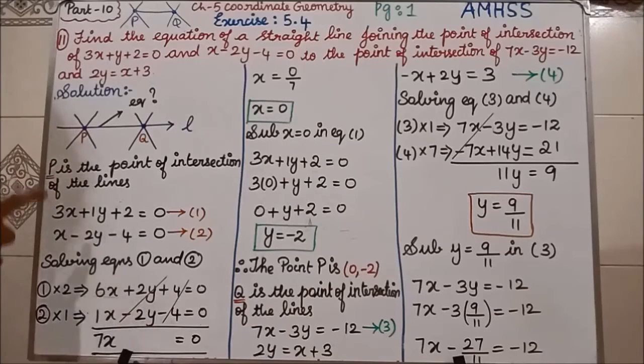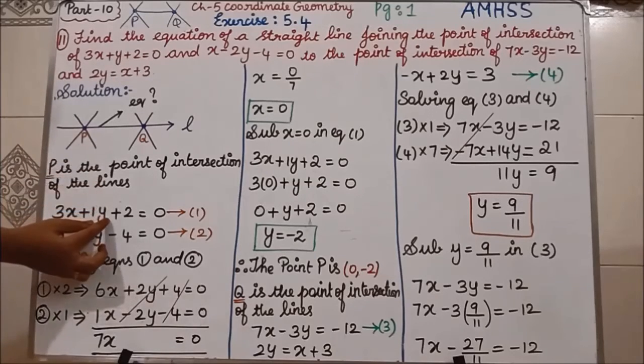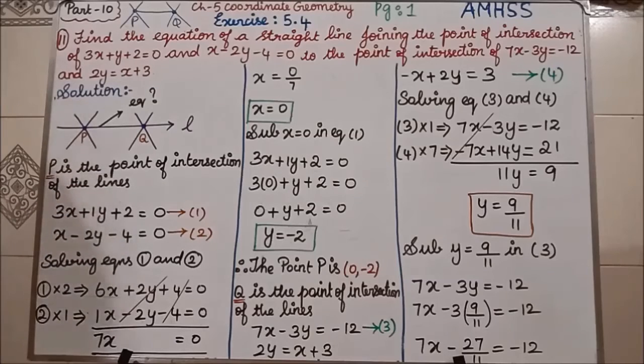In the second equation I am having 2 for y, in the first equation only 1. But if I make it 2, plus 2 and minus 2 will get cancelled. For that I am multiplying equation 1 fully with 2.